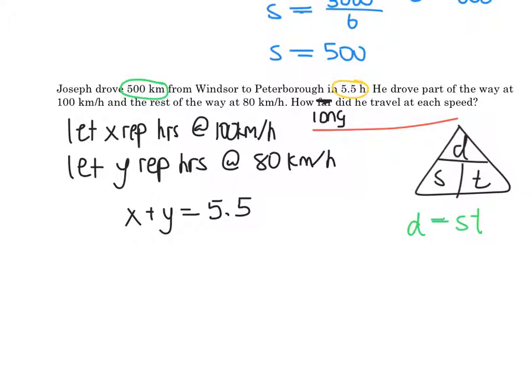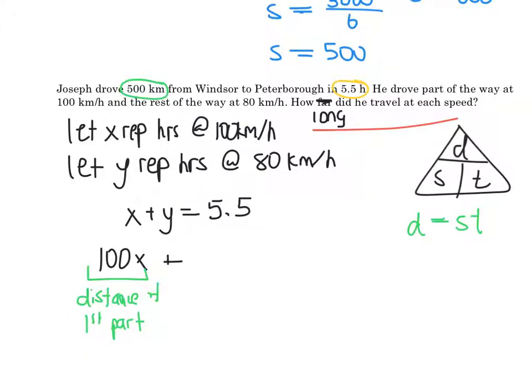So let's start with that first portion. The speed is 100 kilometers per hour and the time is x. We don't know it. So if I multiply 100 by x, that's going to give me distance of first part. So that's how much he traveled in that first portion.